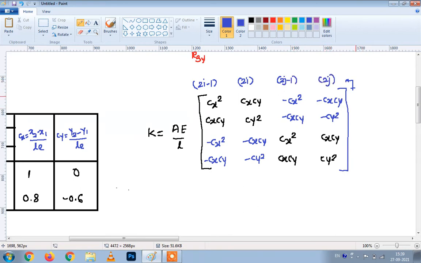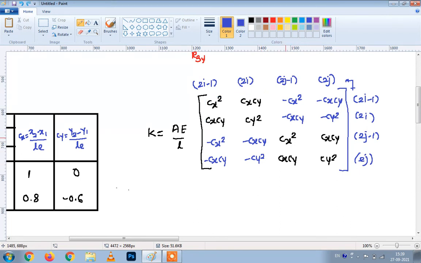Similarly, the same values are repeated here: 2i minus 1, 2i, 2j minus 1, 2j. Now if you observe, we just need to find these four values: Cx square, CxCy, CxCy, Cy square, and we just have to repeat these values.